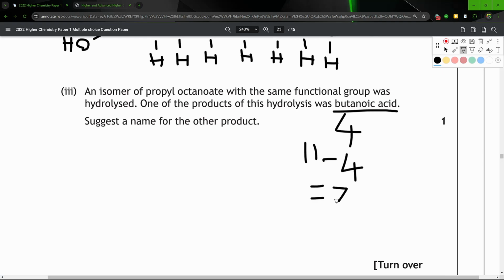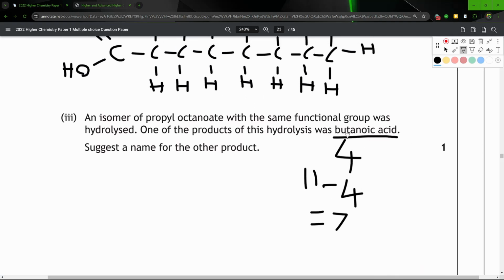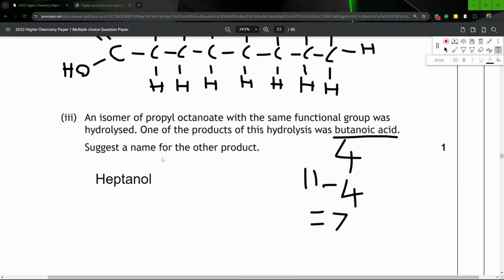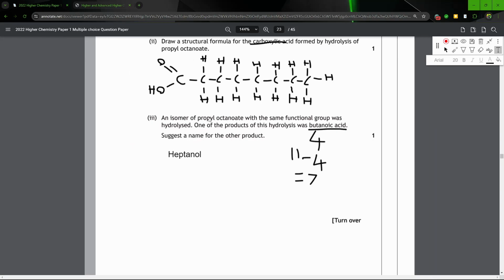Well, we will have 7. And it's butanoic acid, which means the other product is going to have to be an alcohol. So we're going to say hept, because it's heptan, heptanol, because it's 7, and ol because it's an alcohol.